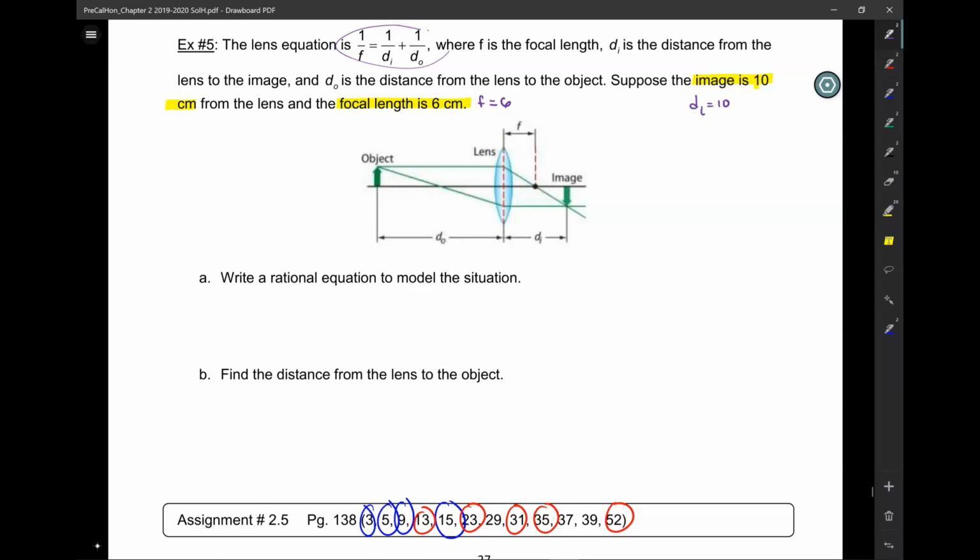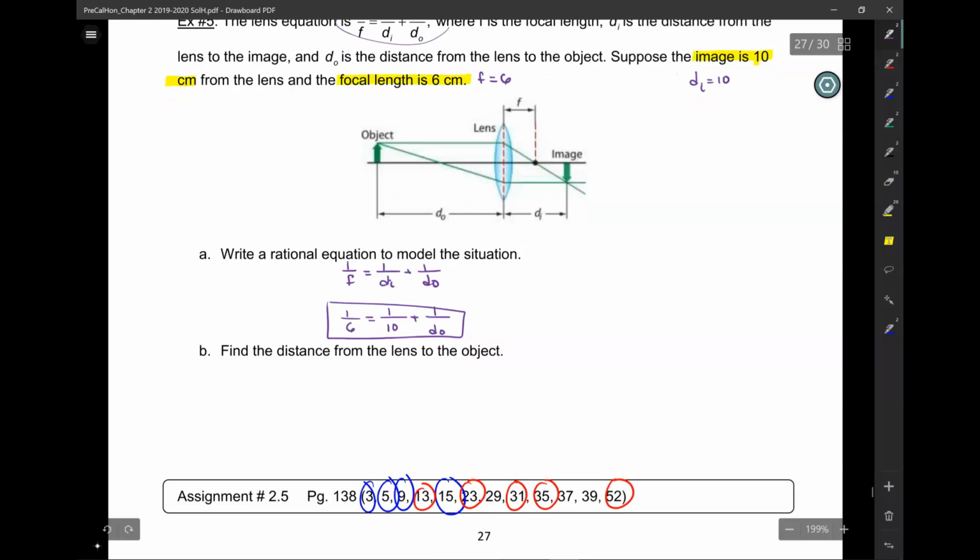And when it says rational, it doesn't mean something that makes sense, right? Rational just means something over something. So the equation is 1 over F equals 1 over DI plus 1 over DO. What is F? 6. So 1 over 6 equals 1 over 10 plus 1 over DO. That's it. Just writing an equation.